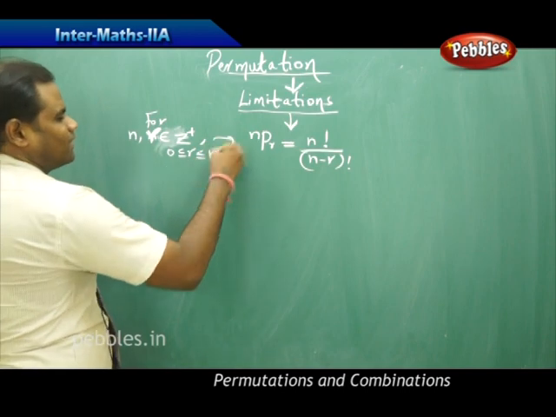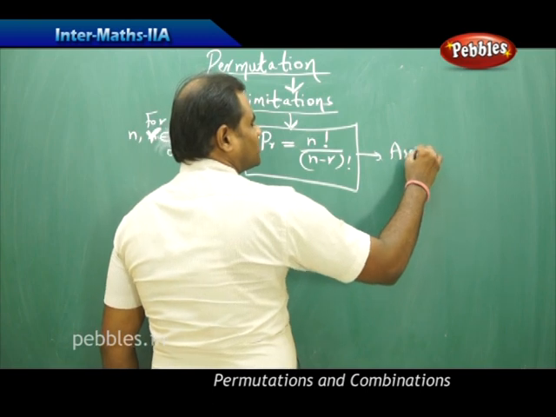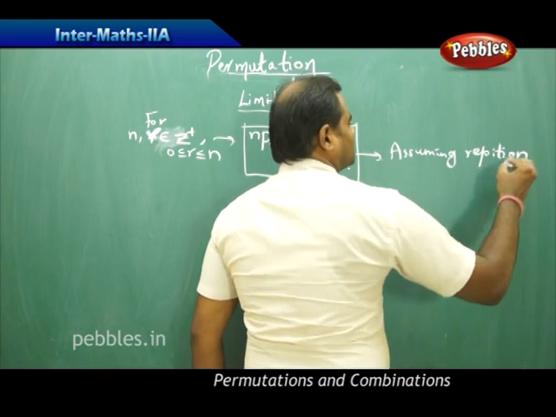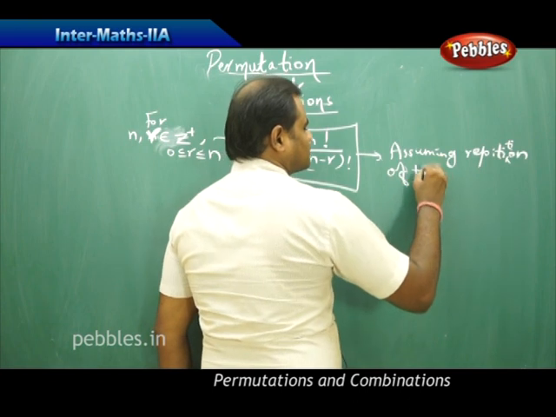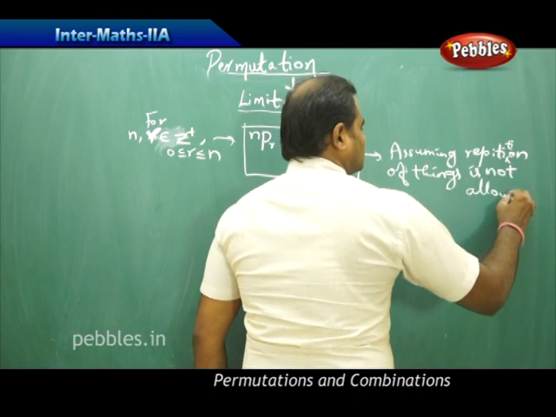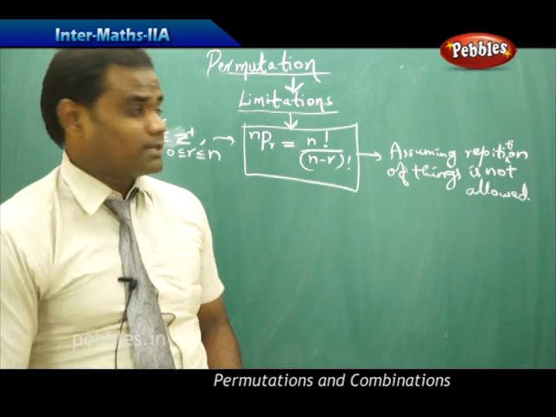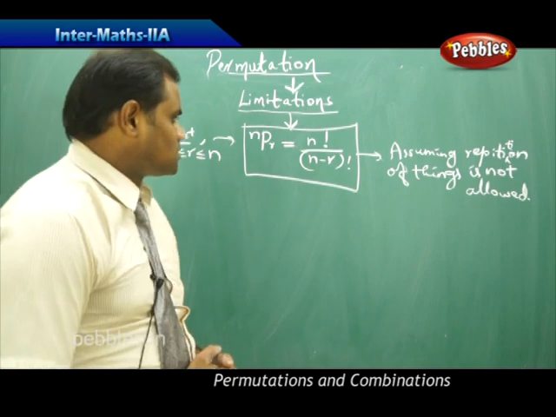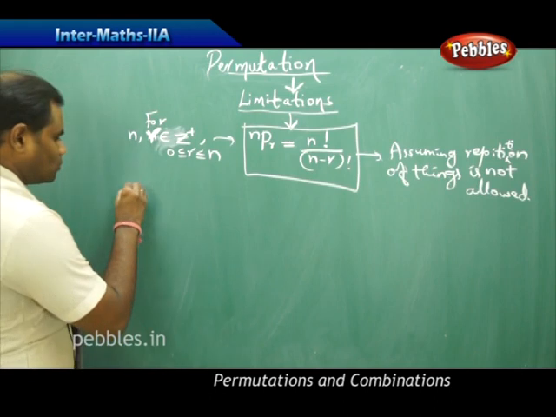And this is true only when assuming repetition of things is not allowed. So what happens if the repetition is allowed is the biggest question which comes out of the limitations of permutation, since this is restricted with assuming that repetition of things is not allowed.